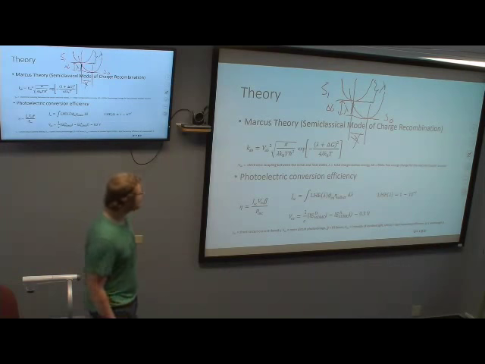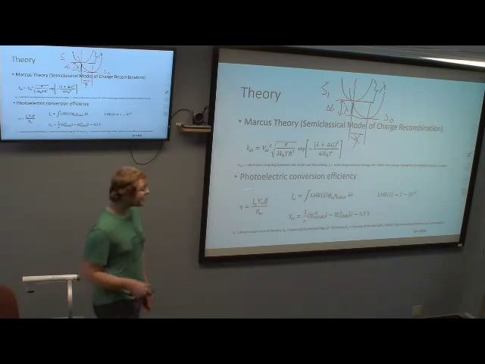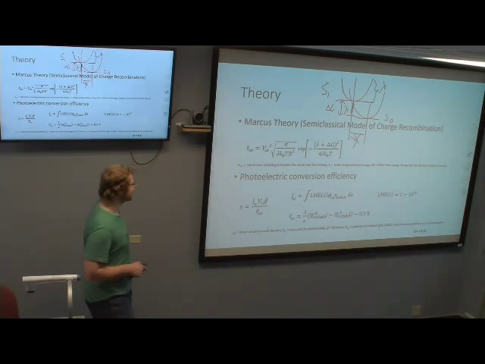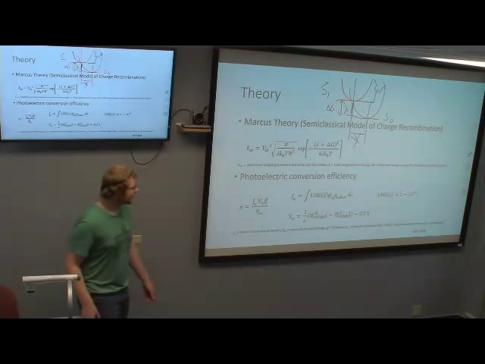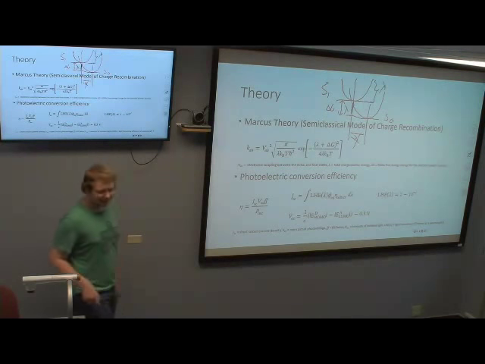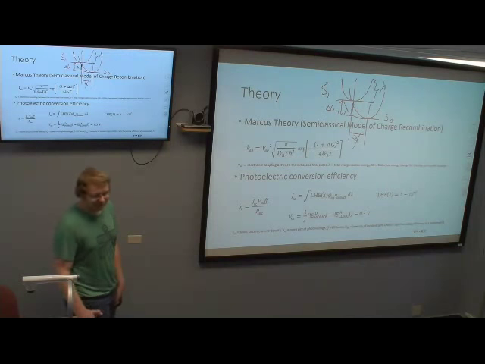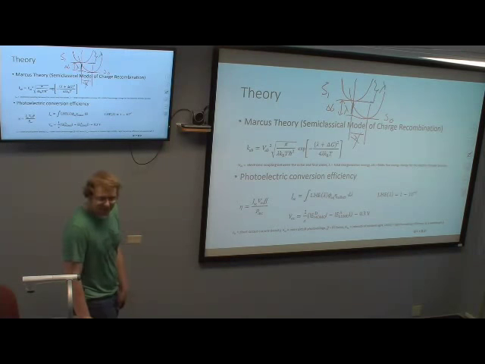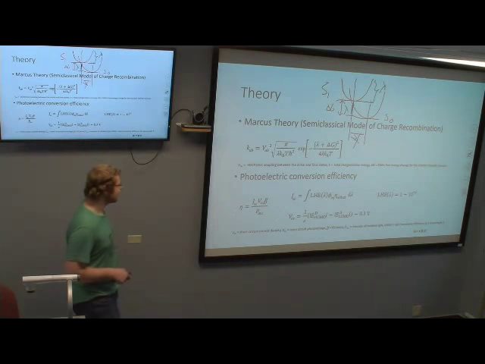Okay. So the second part of this slide is the photoelectric conversion efficiency, which they took from Gratzel's paper, actually. One of his 2009 papers, he defined this. And so this JSC is the short circuit current density, which is basically the current.